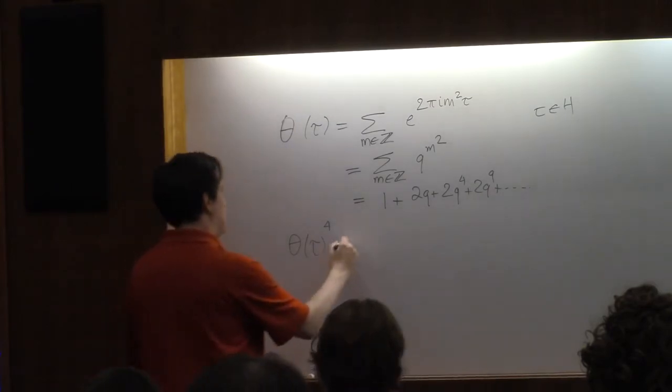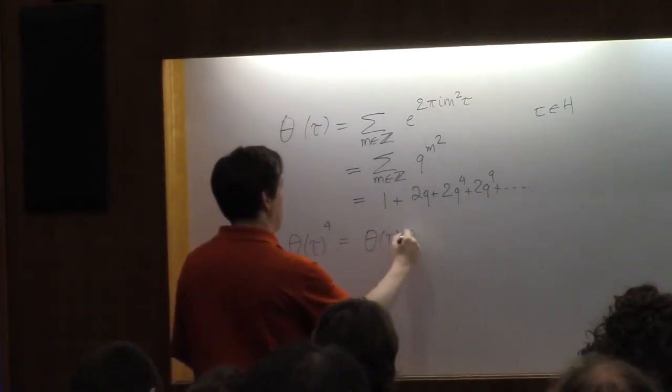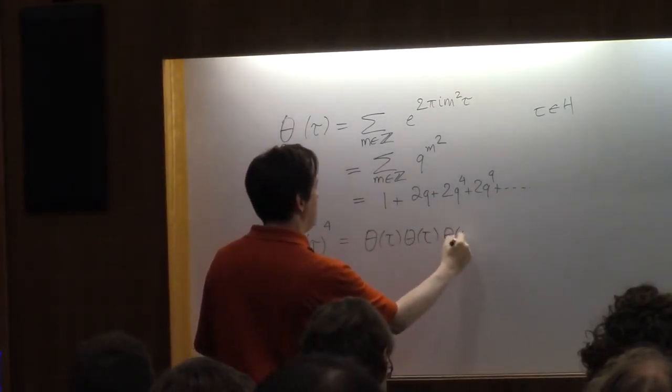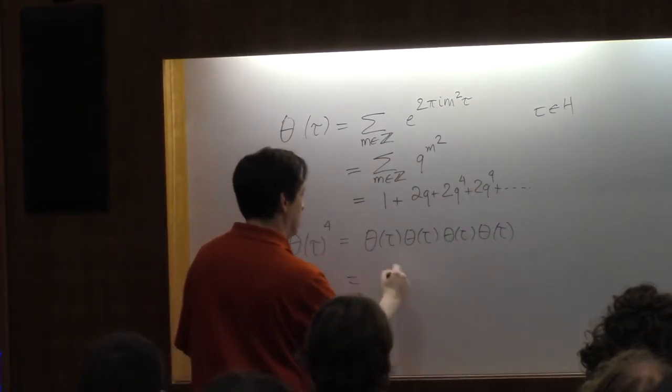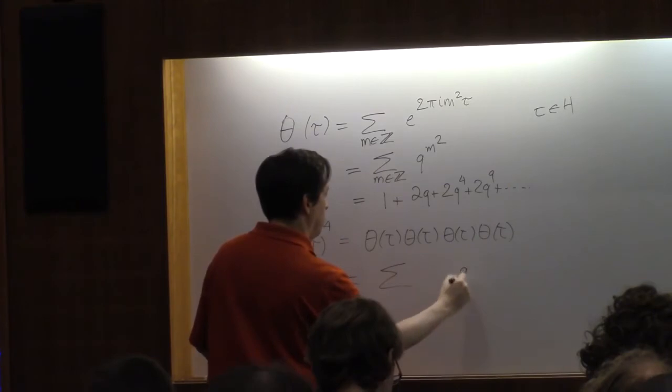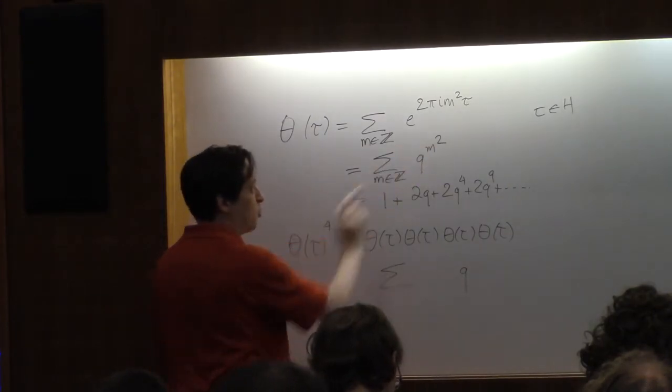You're going to be multiplying this thing by itself, and so when you multiply everything out and the dust settles, of course here you only have squared exponents.